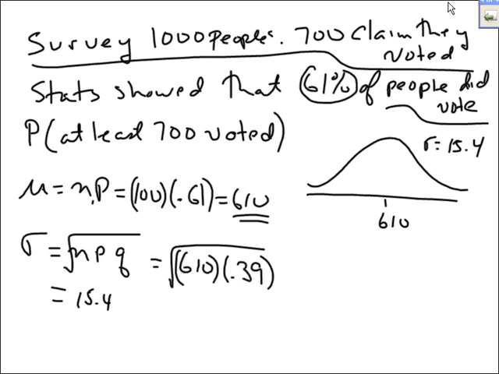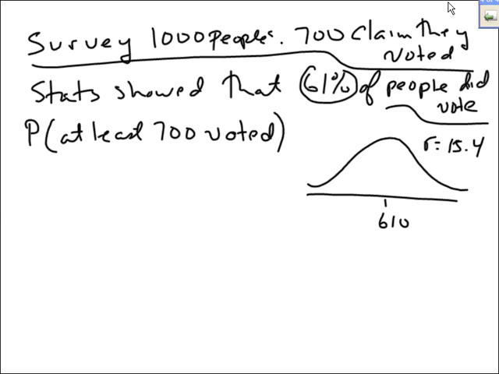So the standard deviation is 15.4. All right. So let's get rid of most of this. And now let's play normal distribution problem. Now, the problem says at least 700. Here is 700. I want at least 700. I want 700 or more. But I can't use 700. I can either use a half less, which is 699.5, or 700.5.